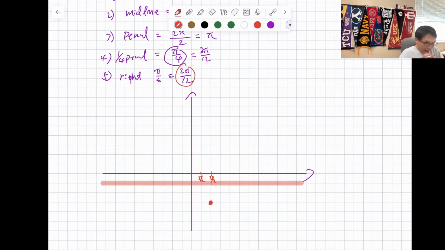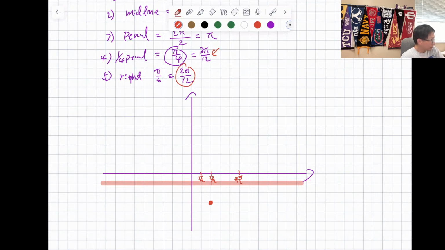Now, every quarter period is 3 spaces, 3 pi over 12. So I need to use 3 spaces rather than 2 spaces. Even though the first is 2 spaces, each quarter period is going to have a drastic change. So then I'm going to use 5 pi over 12 because I'm increasing by 3 pi over 12, which is pi over 4.